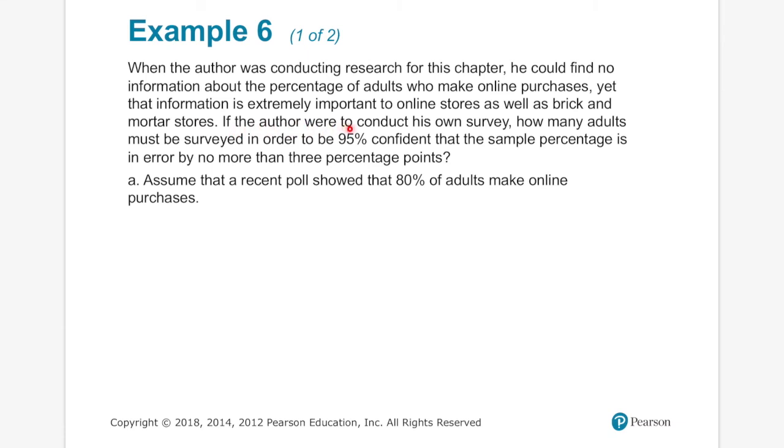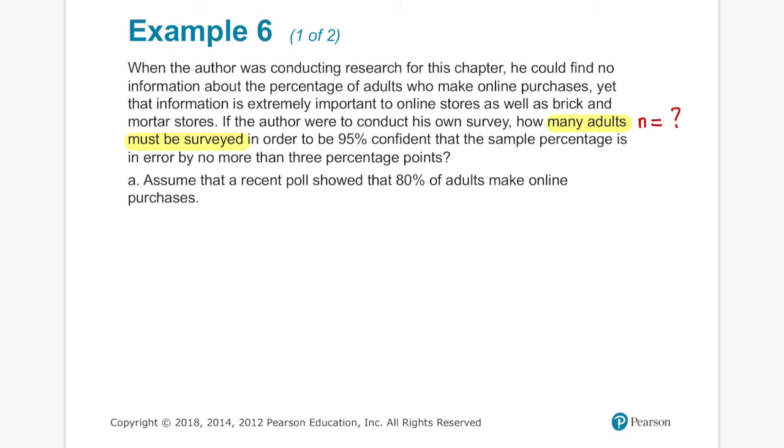If the author was to conduct his own survey, how many adults must be surveyed in order to be 95% confident that the sample percentage is in error by no more than 3 percentage points? So he wants to know how many adults should be included in his survey, which means we want to know what is n.